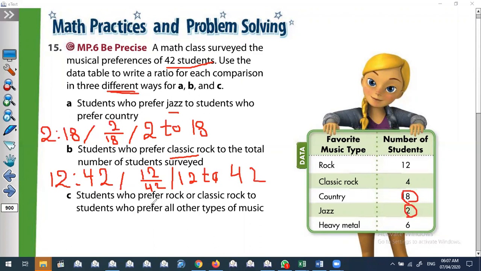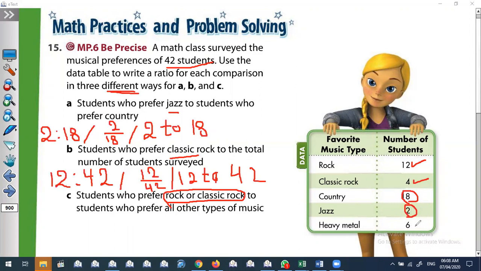Students who prefer rock or classic together. Pay attention, rock or classic. Rock 12. Classic is 4. So 12 and 4, 16. Sorry students. Students who prefer classic rock to the total.